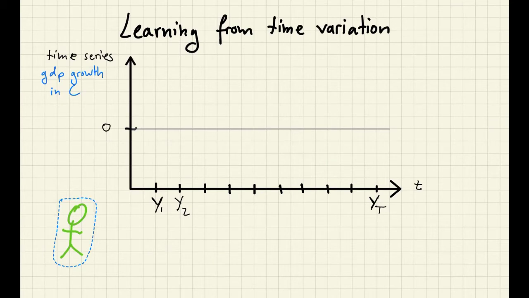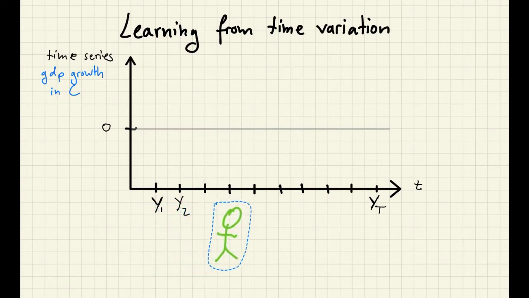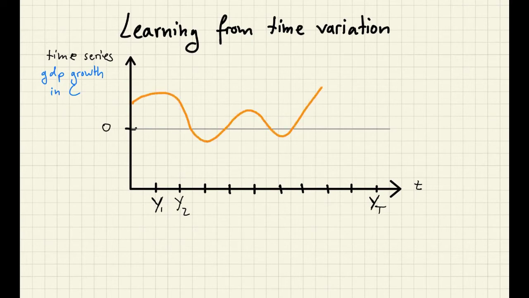Now, as green travels forward through time, a universe will be drawn and the time series will be realized, and then green guy will slowly get to observe the whole time series. For example, the time series may realize like this. Let's call this universe omega naught. Or the time series may realize like this.